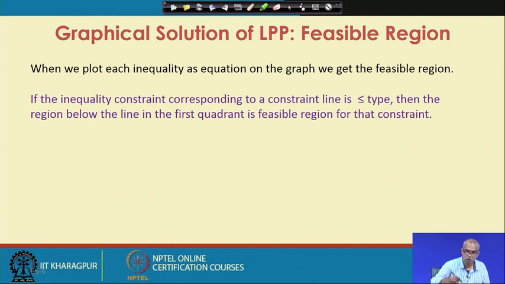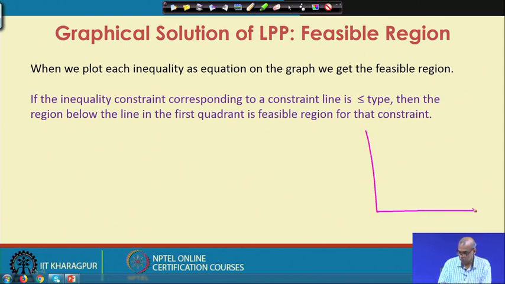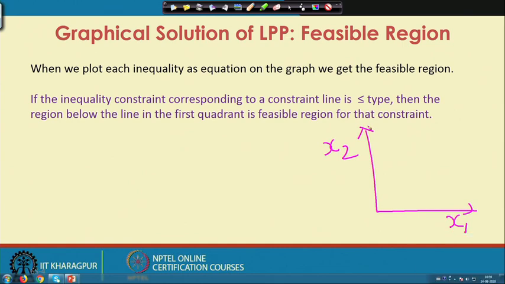So, what we mean is, suppose we have a linear programming problem in two variables x 1 and x 2. Now, a constant which is the linear type, let us say I plot a constant like this, and this constant is less or equal to type.